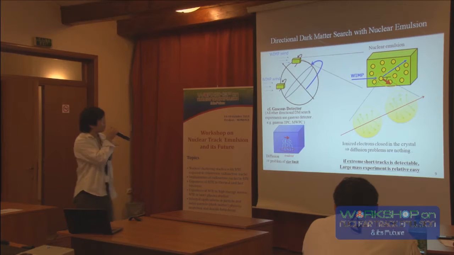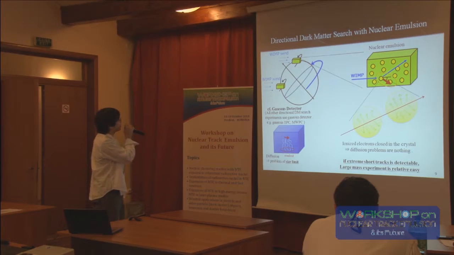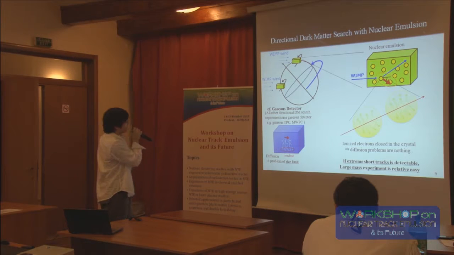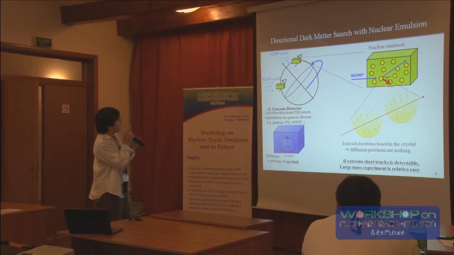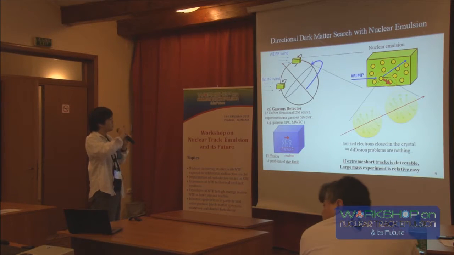And then we try to discover dark matter's existence from other aspects. The scheme is that the WIMP comes from the same direction because the solar system is moving in the same direction. Because the Earth is rotating, the direction is changing.